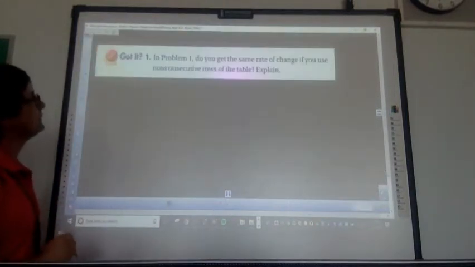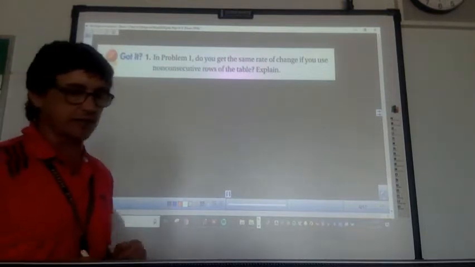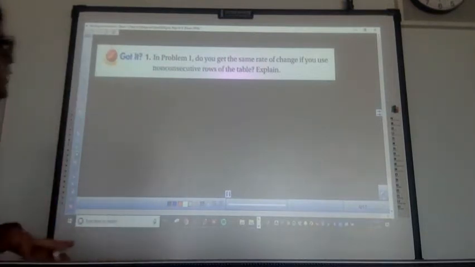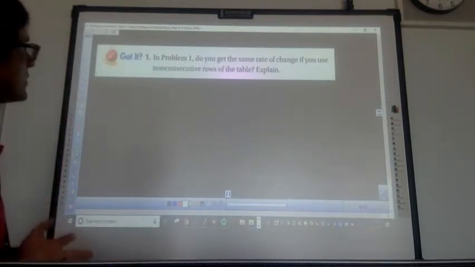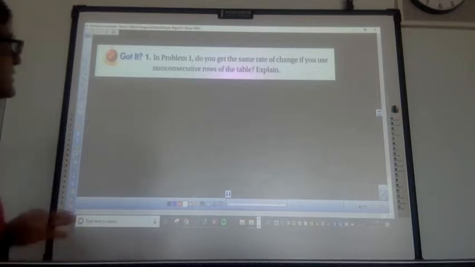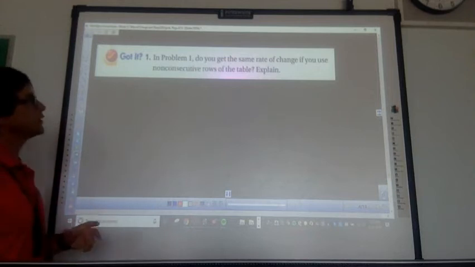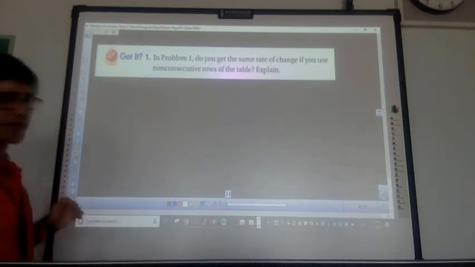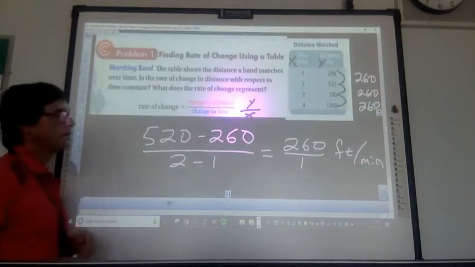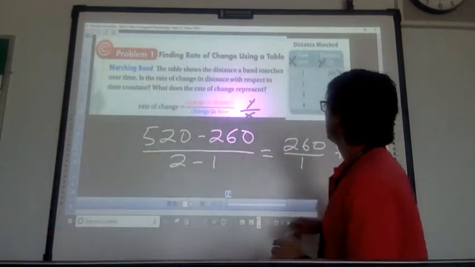All right, next slide. So this question says, in case you can't read it, in problem 1, do you get the same rate of change if you use non-consecutive rows of the table? Explain. So what does that mean?